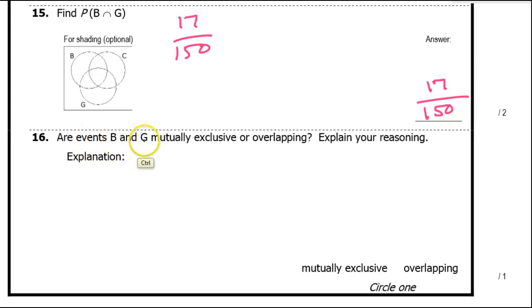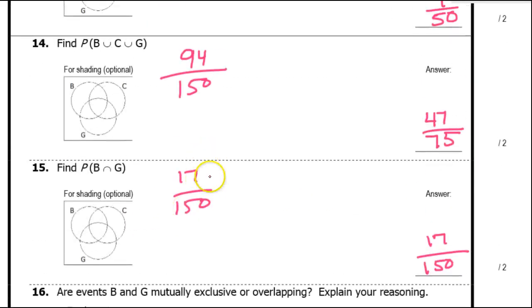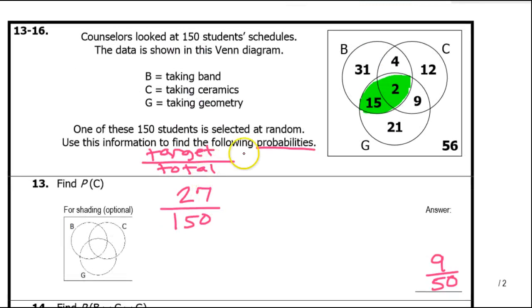Events B and G are mutually, well, wait, hold on. Are events B and G mutually exclusive or overlapping? Explain your reasoning. B and G, well, visually we can see that they are overlapping because they are literally overlapping.